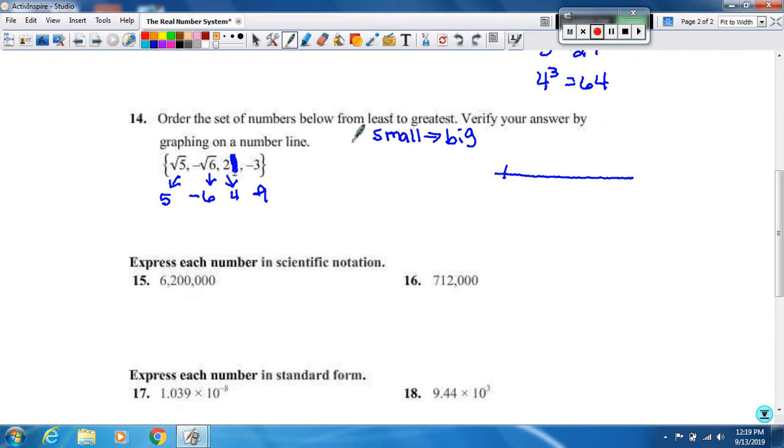Sorry about that. -9 was actually -3. And then negative square root of 6. And then 2.5. Got to remember you scratched out that half originally. Got to put it back in. And then the square root of 5. Okay, that's the answer.